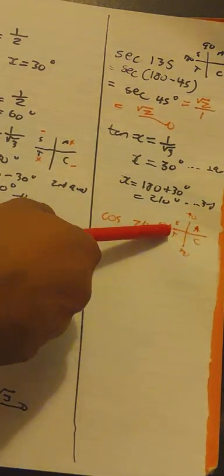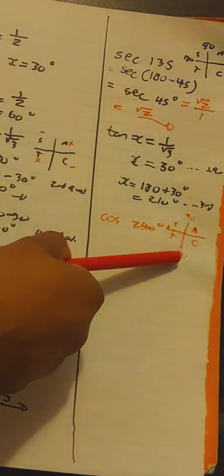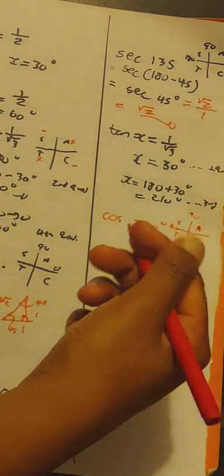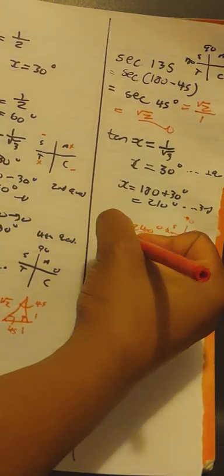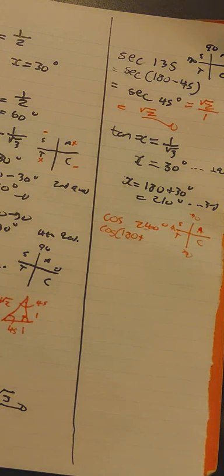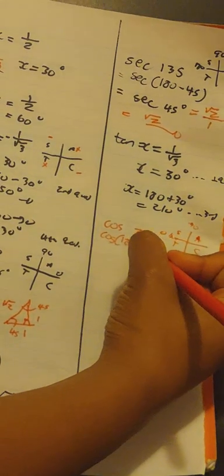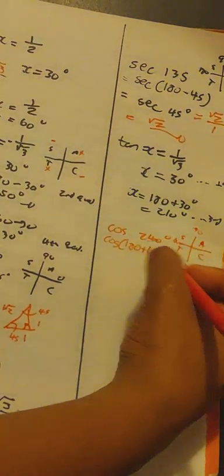It's located between 180 and 270. Okay, guys, what is the angle that we can add that will give us 240? 240 minus 180, I find the angle to be plus 60. 180 plus 60 will give us 240.